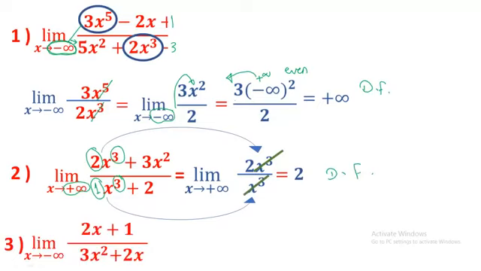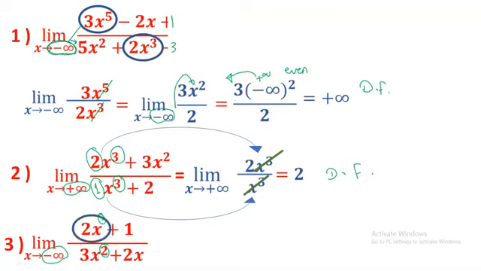The third example is the limit as x tends to minus infinity of the rational function 2x plus 1 over 3x squared plus 2x. Because the degree of the numerator is less than the degree of the denominator, we guess that the answer will be 0. But let's continue our calculations.